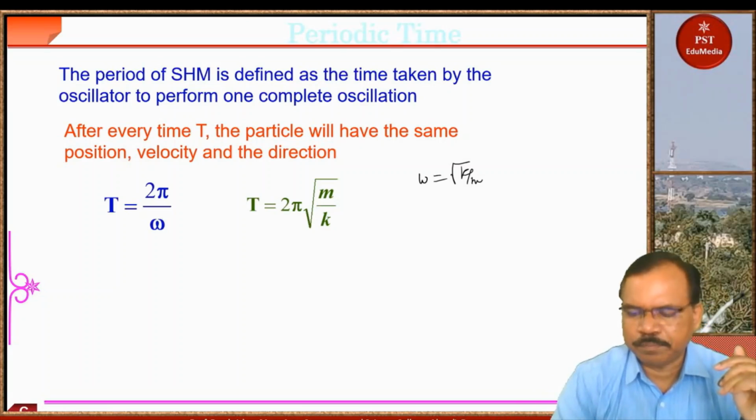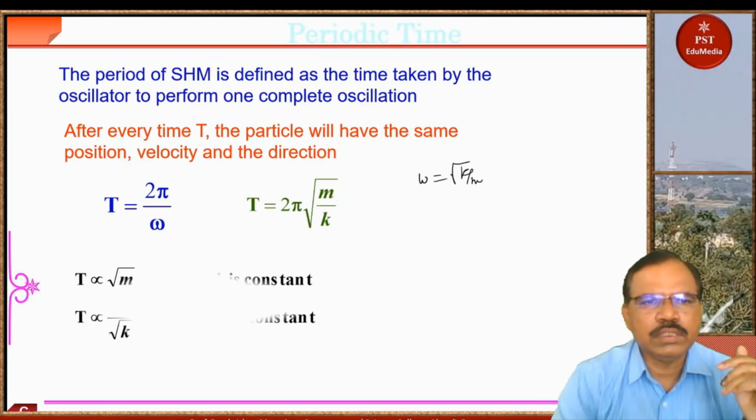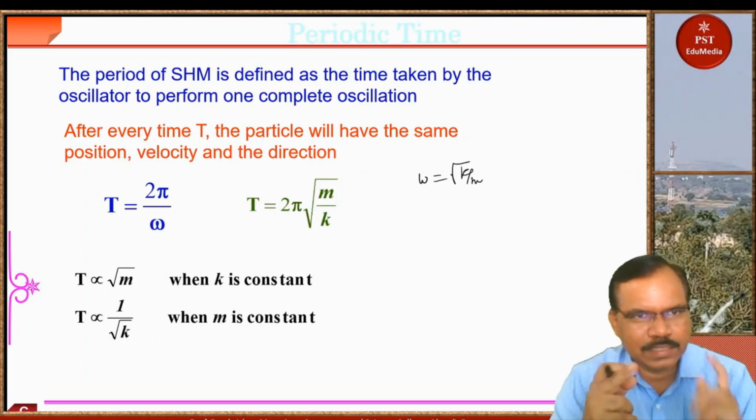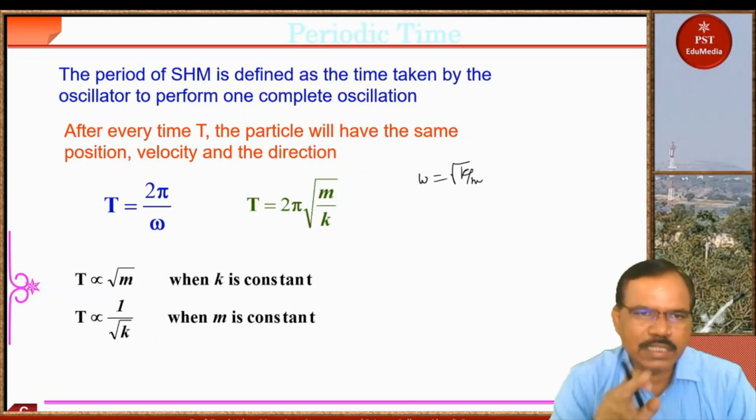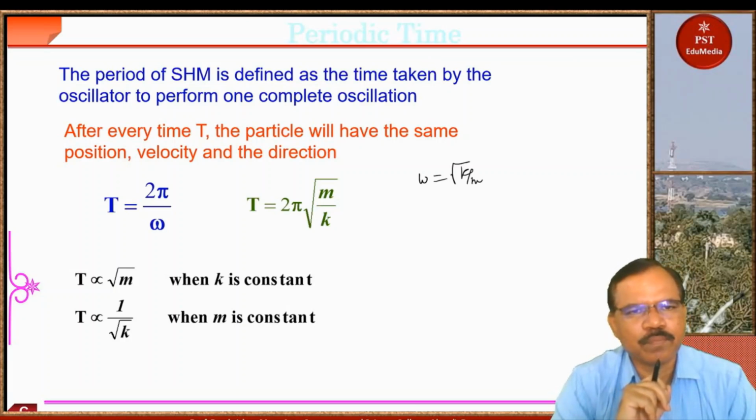Now see here, T is proportional to root of m when k is constant, and T is proportional to 1 upon root of k when m is constant.